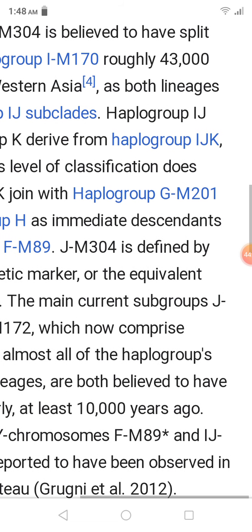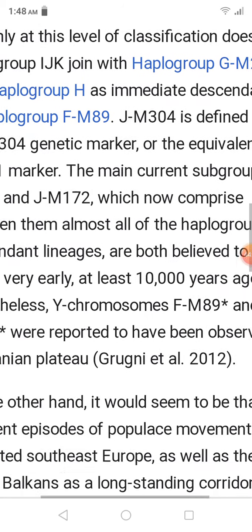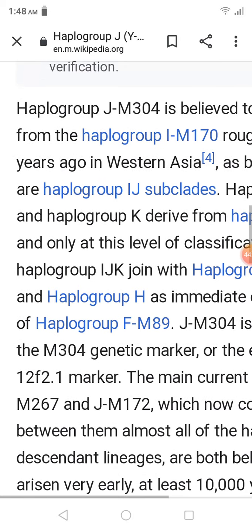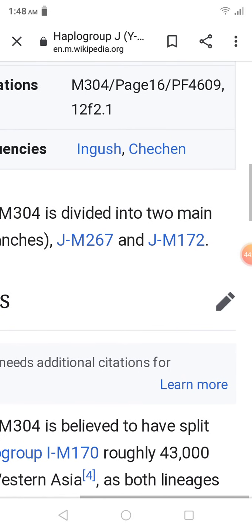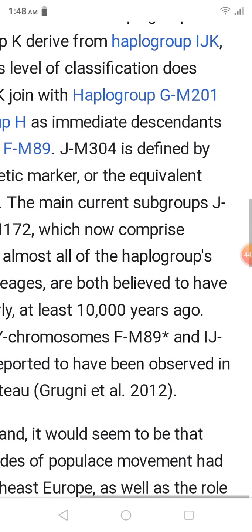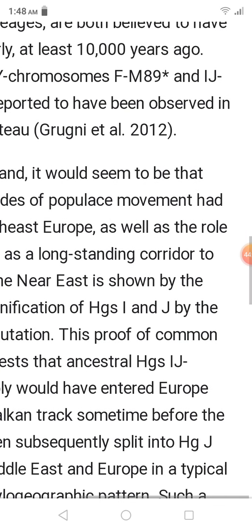So you have K, N, or R1. Is R1 on here? I don't think they put R1. So this group goes all the way up till T. So yeah, G to T.